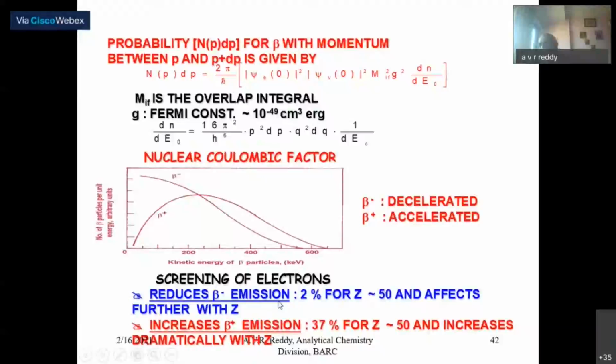In beta decay, when an electron is formed subsequent to a bound neutron changing to a bound proton, when it is coming out, the nucleus will hold it back, because of positive charge and negative charge. In addition, there is another possibility: with increase in Z, the number of electrons in the atom will increase, and the release of that electron also is hindered. That is called screening of electrons. This is to the tune of 2%. So both these factors can be seen from the measured spectrum.